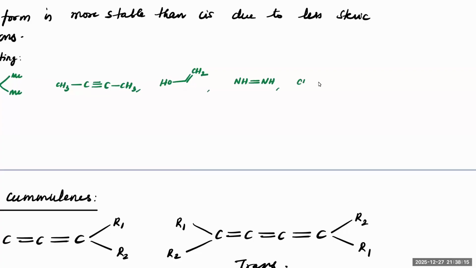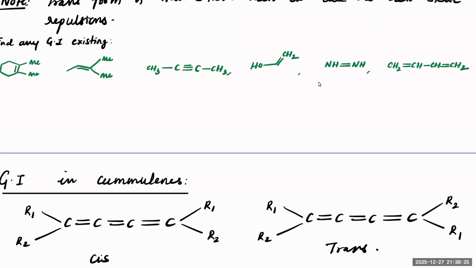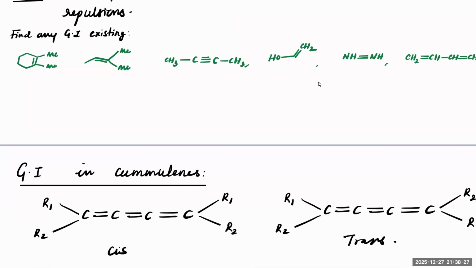Okay, CH2 double bond CH, CH double bond CH2. Next, in case you have methyl here, ethyl here, and a double bond here like this. Okay, next.